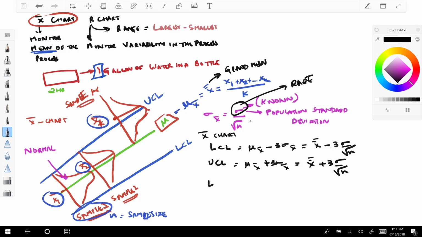So the lower control limit would be x double bar minus A R bar, so we are using the range. R bar is the mean of the sample ranges.